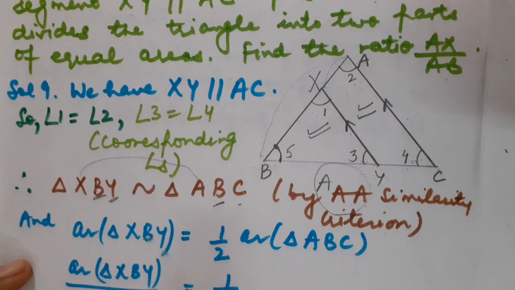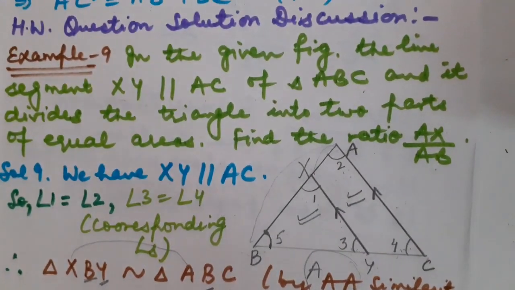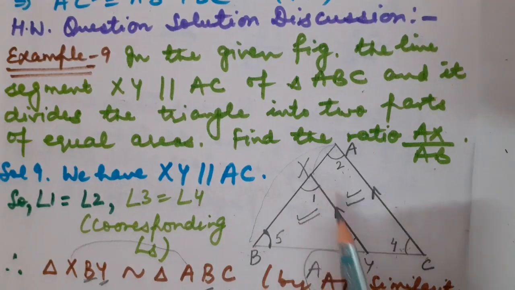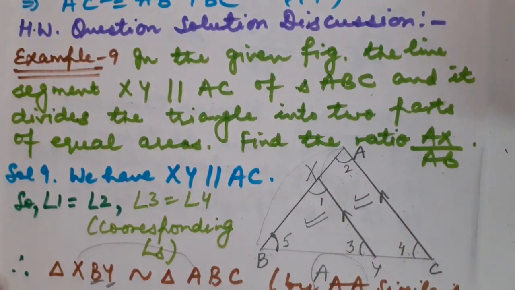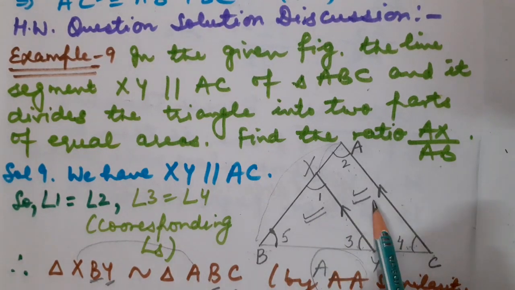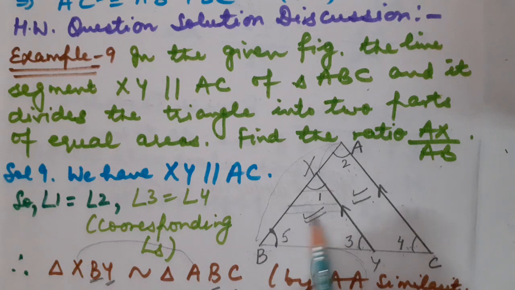Children, did you pay heed to the statement? What was the statement saying? That this line segment XY divides the triangle into two equal parts. Means this part is equal to this part. So can I say that this part which is forming a triangle, the area of this triangle, is half of the area of the bigger triangle?